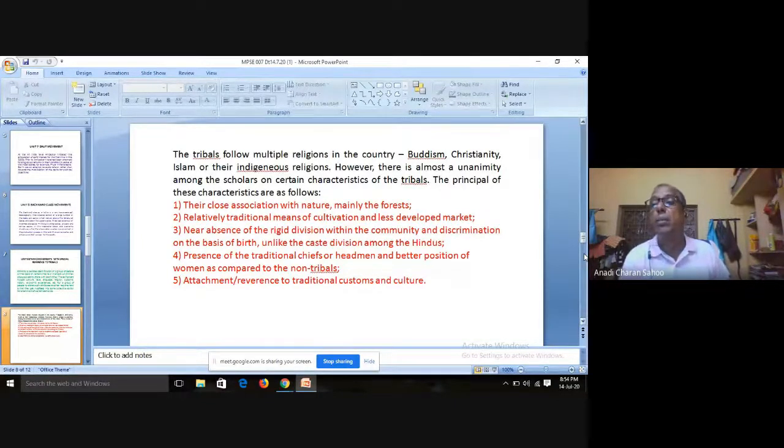They get involved in ethnic movements because of these given traits. There are bound to be conflicts between different ethnic groups.